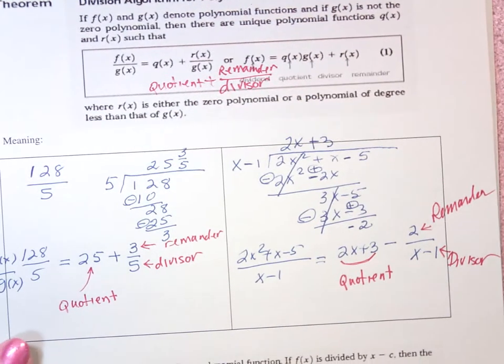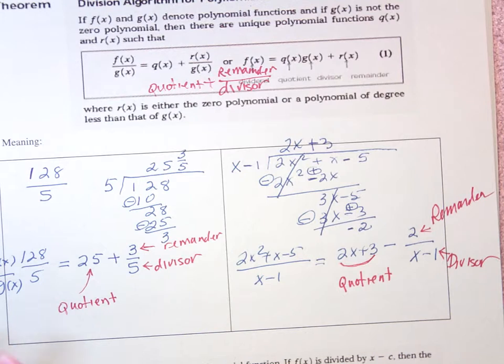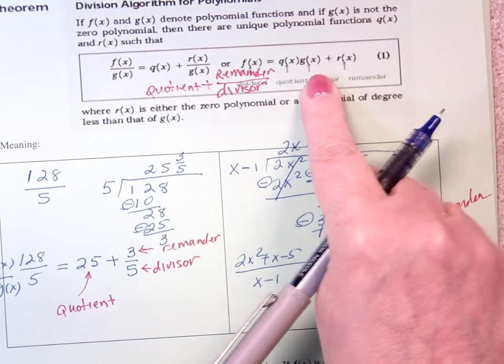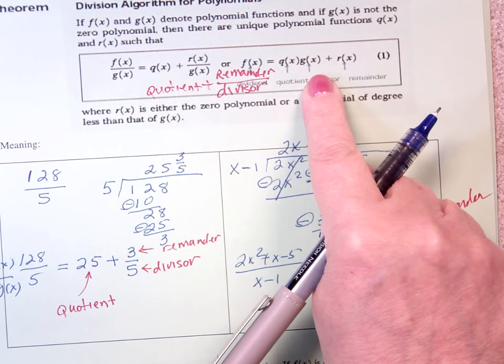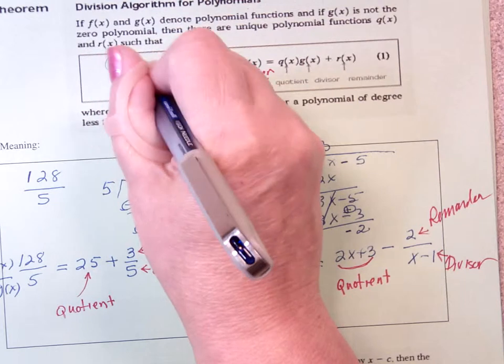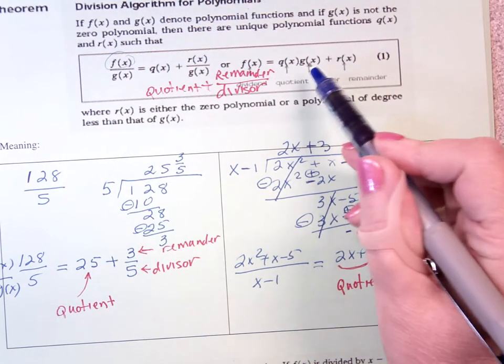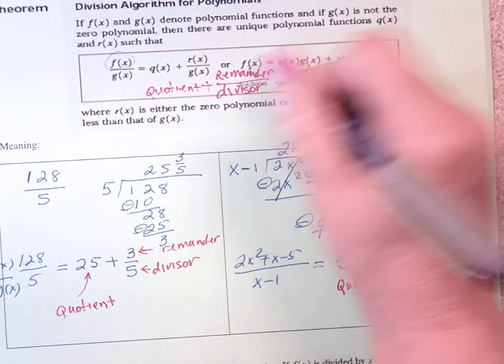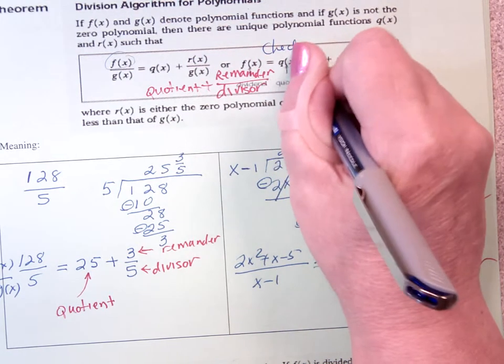Then you would say to yourself, I've got this one down, so I know what this guy is. Who's he? This says that f of x is equal to q of x times g of x plus r of x. This is how you check a division.